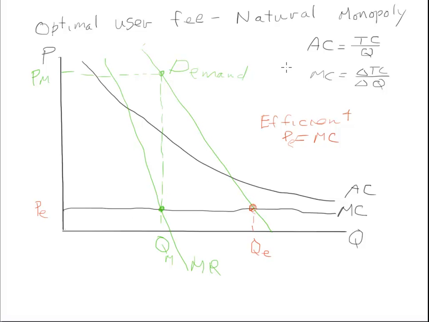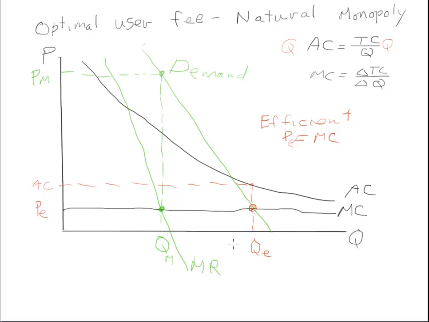However, there's a problem, as we mentioned. Price times quantity is total revenue. And if I multiply both sides of average cost by quantity, the quantities drop out, so average cost times quantity is my total cost. Notice my total cost in this efficient solution: average cost is going to be up there.